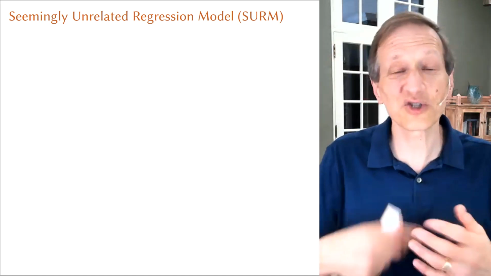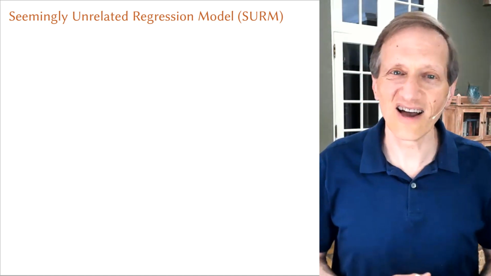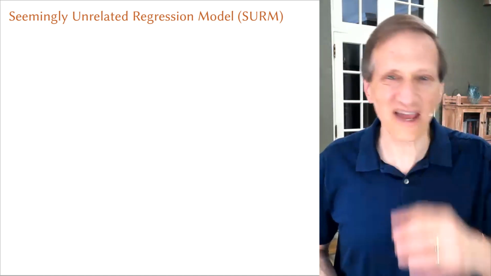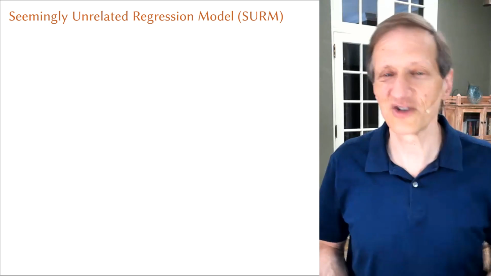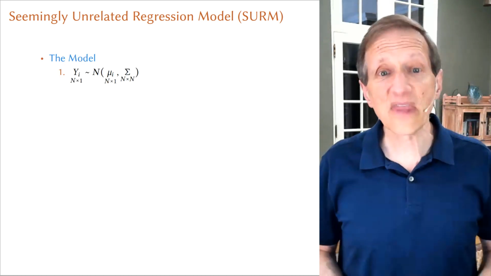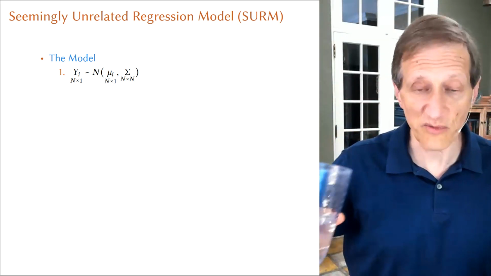So we'll call it SURM. It is sometimes called the seemingly unrelated regression estimator, which is SURE. Anyway, so here's the model. This model will come back to us when we do missing data.